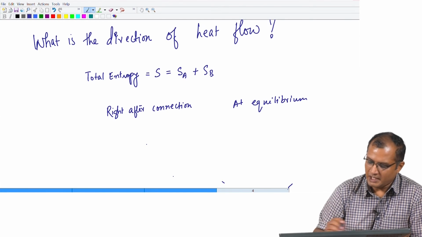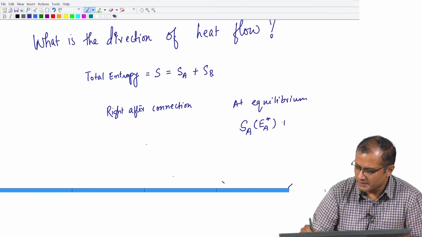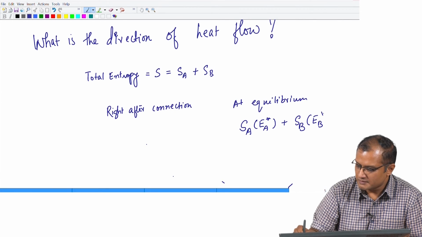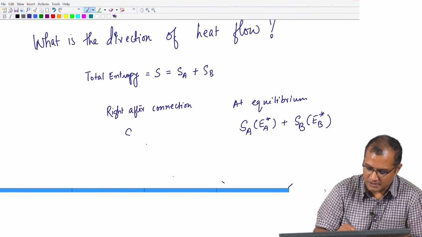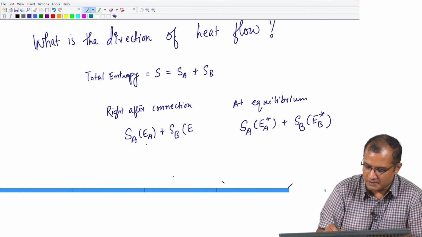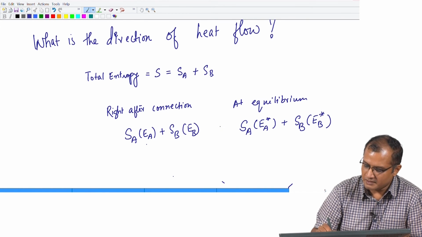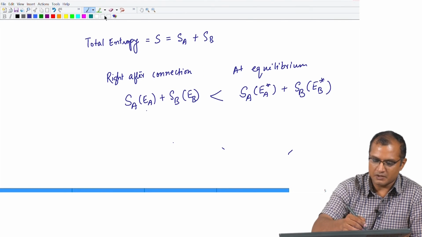At equilibrium, I know that the entropy would be S of A at E A star plus S of B at E B star, and right after connection it was S of A at E A plus S of B at E B. This entropy is definitely larger than the entropy to begin with.